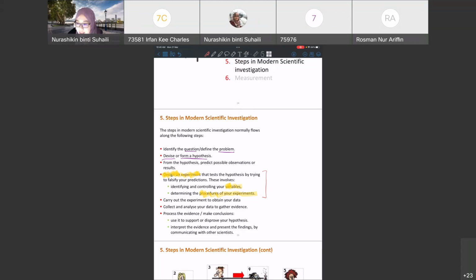Did you practice that? Yes? So that is part of designing an experiment. You are planning. Designing is part of planning.